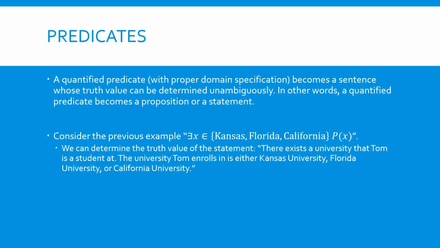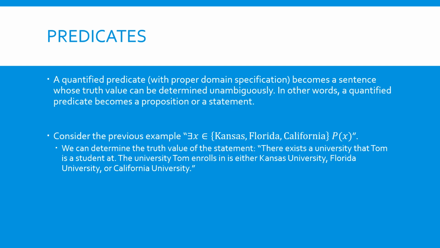Now, after quantifying a predicate, the predicate will become a proposition. Consider the quantified predicate above, where we said Tom either enrolls in Kansas University, or Florida University, or California University. This sentence now describes a fact and can be unambiguously verified.